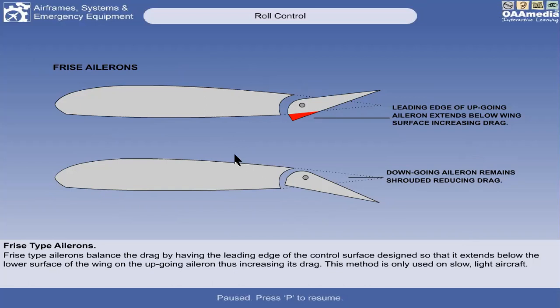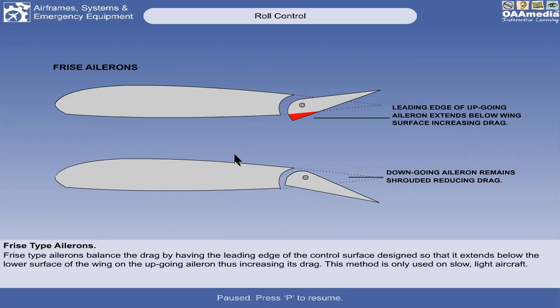One way to increase drag is by means of freeze aileron or freeze-type aileron. Na yung leading edge mismo ng control surface na yon or ng upgoing aileron ay tumatama, okay, or naka-protrude siya doon sa lower portion ng wing natin para tumama doon yung hangin, therefore increasing in drag.